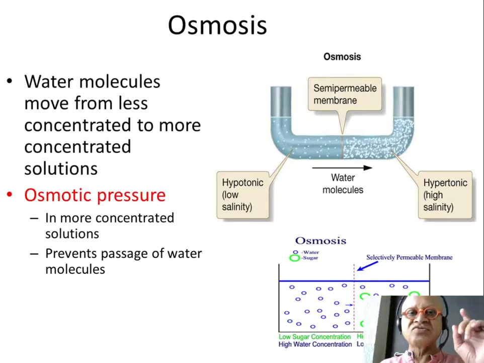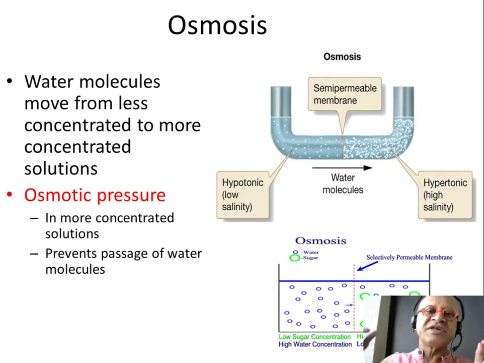Okay, this sounds a little bit confusing, but it's not confusing if you remember that less concentrated solution has more water than the dissolved matter, and high concentrated solution has more dissolved matter in it. So water goes from where there are more water molecules to where there are fewer molecules.